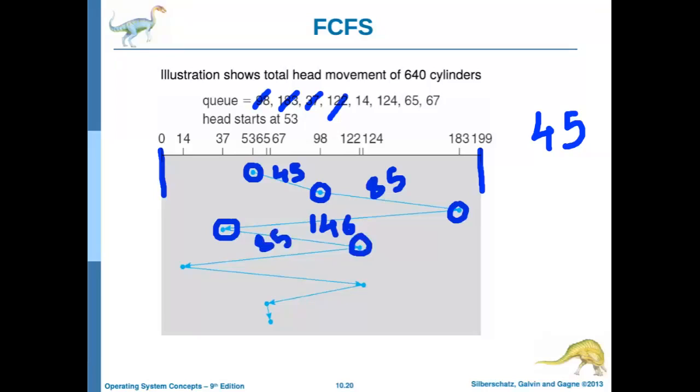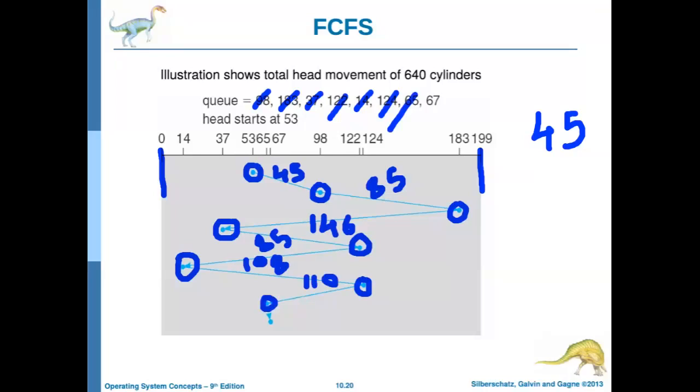Now from 122 to 14, it is 122 minus 14, that gives me 108. Now from 14 to 124, how much? 110.